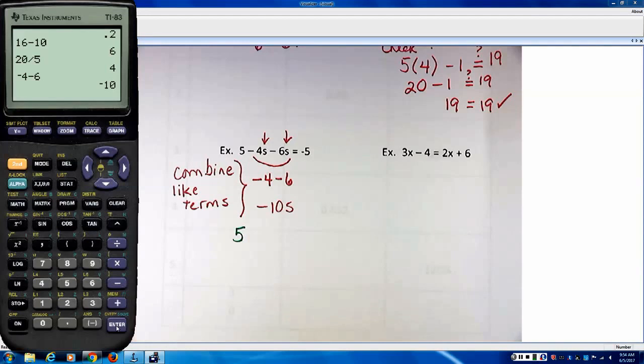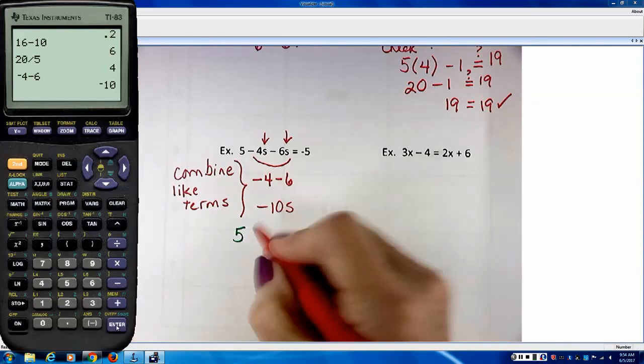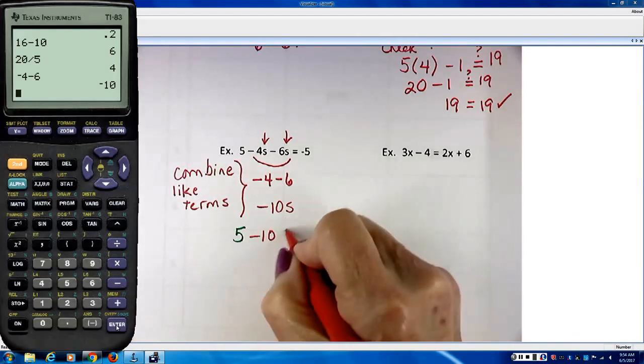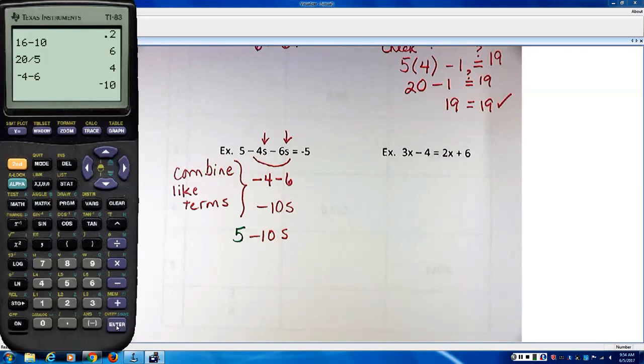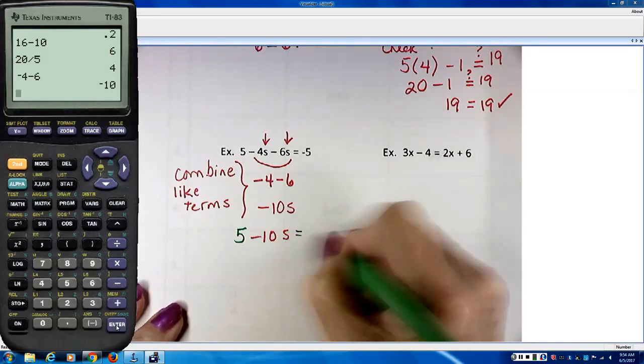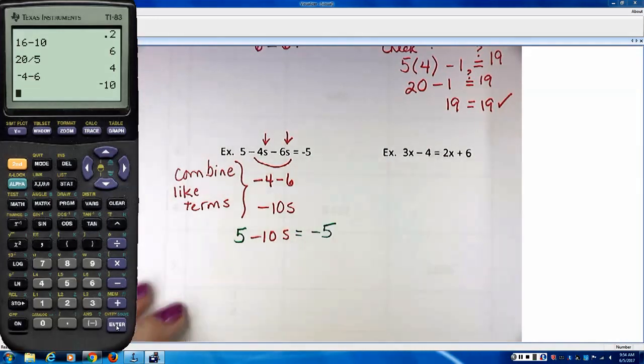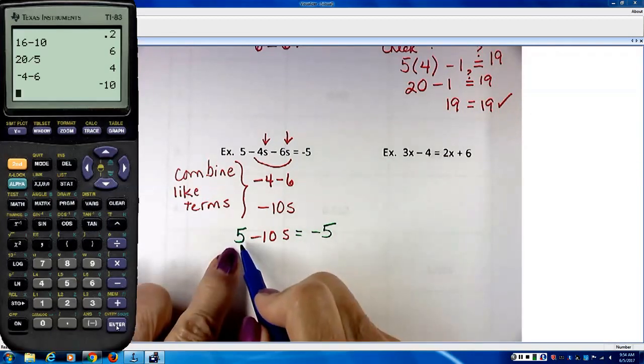5 minus 10s equals negative 5. Is this 5 positive or negative?